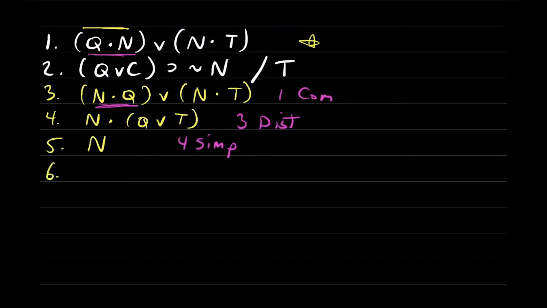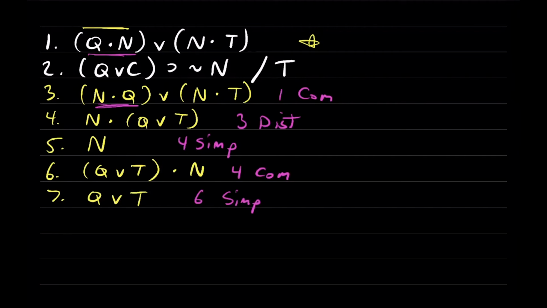But first I need to do commutativity to get Q or T on the left. So Q or T and N, just rewriting the order of that conjunction on line 4. That's going to follow from line 4 by commutativity. Okay, and then I'm going to do simplification to get Q or T, the left-hand conjunct, on its own line from line 6 by simplification.